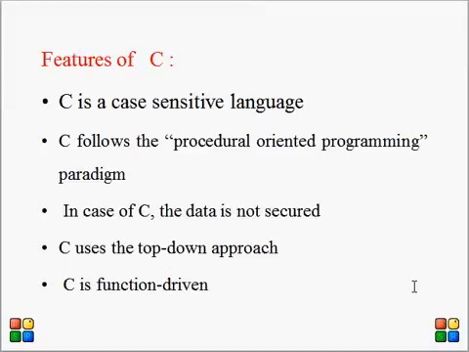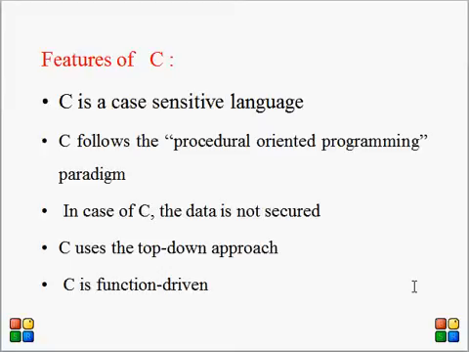If you write in capital letters, the compiler won't understand them. You must write in small letters only. Keywords like if, for, while, and switch case must be in small letters. That is called case sensitive.